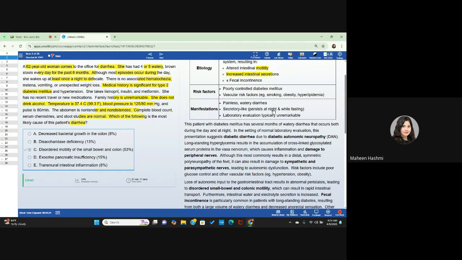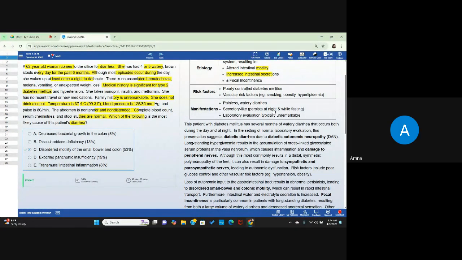How do you differentiate between secretory diarrhea and osmotic diarrhea? Anybody? Osmotic diarrhea is more like lactose intolerance. Yeah, very good. And how else?